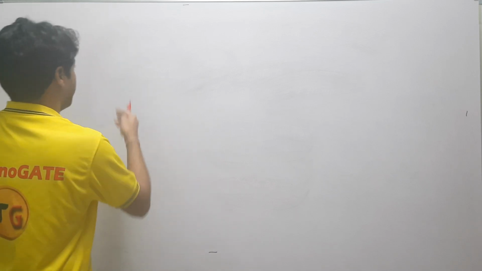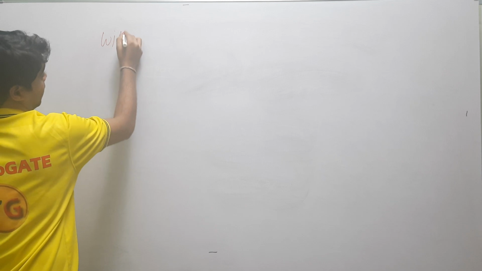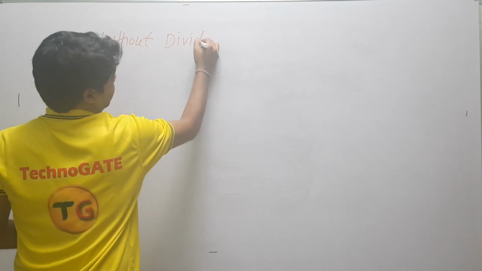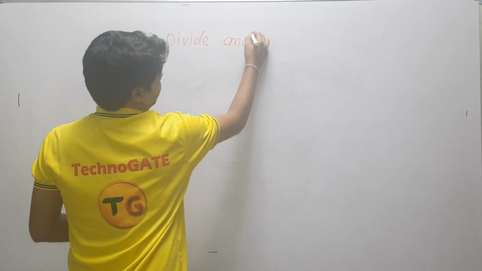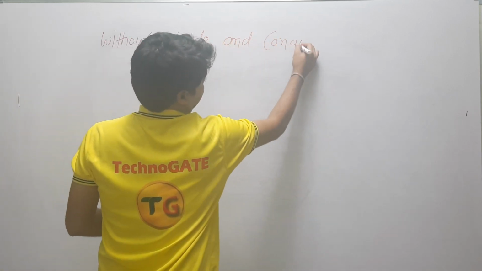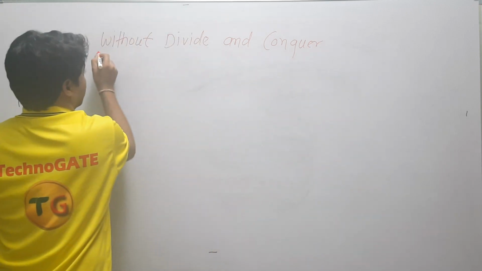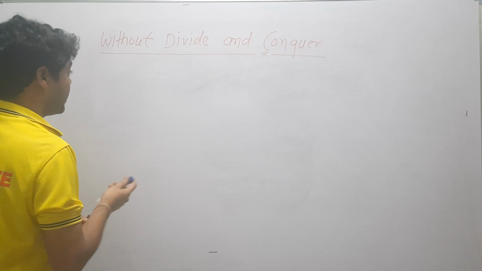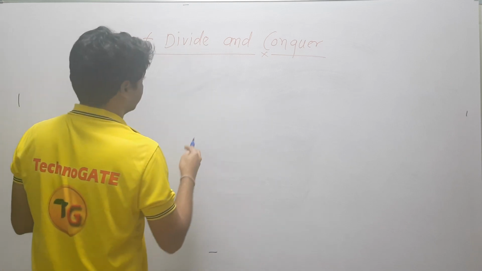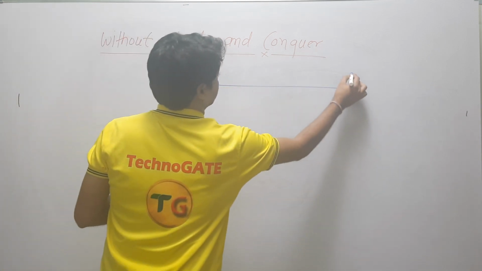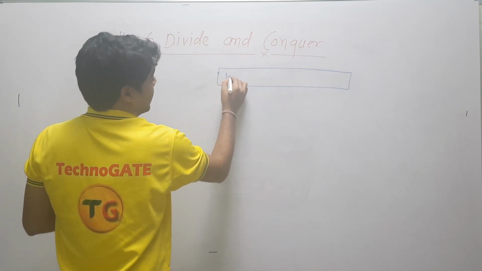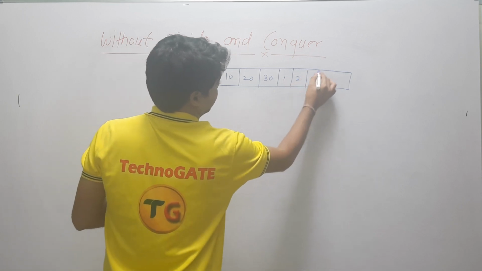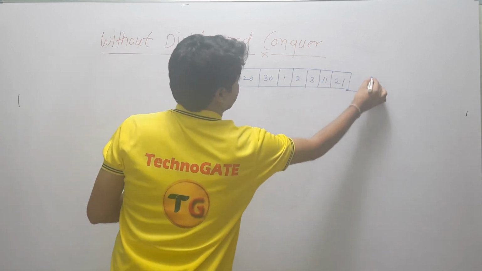So first one is without divide and conquer. Okay, let's see this. Here take the array: 10, 20, 30, 1, 2, 3, 11, 21, 31.